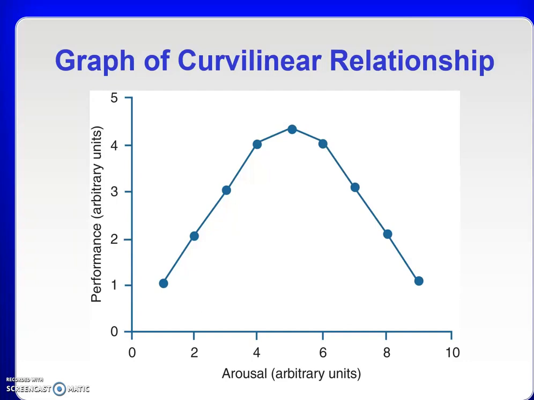An example of that might be looking at arousal level and performance. And as you can see, we do have some relationship. As arousal increases, so does performance. And then you have the optimal level before performance decreases with increased arousal. This would be an example of a curvilinear relationship. And again, using Pearson's correlation coefficient would not predict the true relationship in this example.